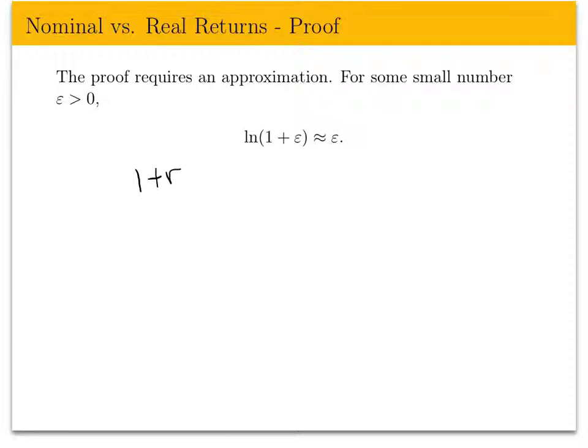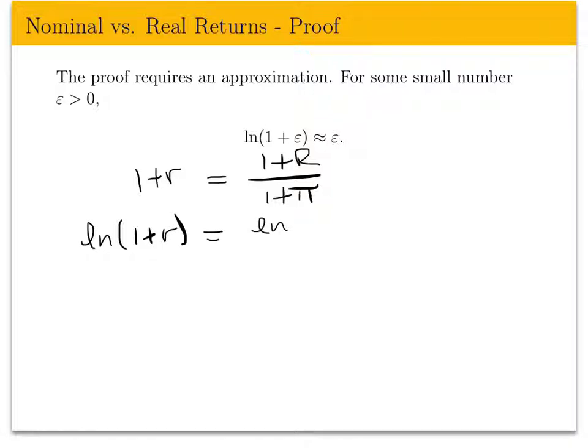That is, the gross real return is equal to the gross nominal return all over the gross inflation. And now basic algebra says I can take the natural log of both sides, and that should be equal to the natural log of 1 plus R all over this, where I'm taking the natural log of the whole fraction.